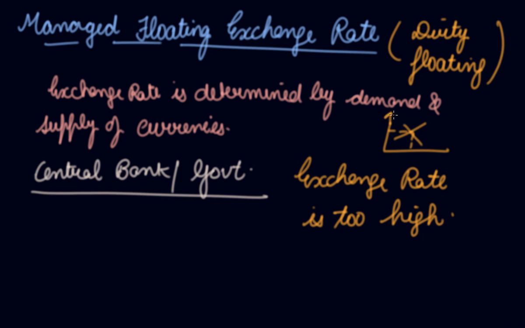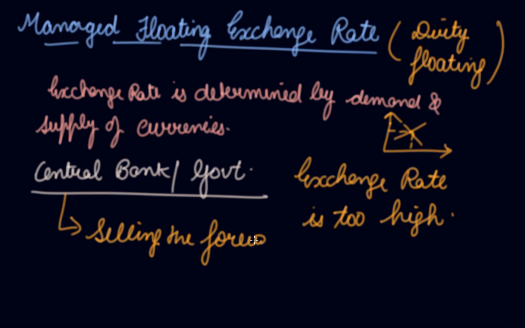Now what will the central bank do? They will start selling foreign exchange. If they are selling foreign exchange, which means they are increasing the supply, and this will ultimately help in reducing the exchange rate, right?